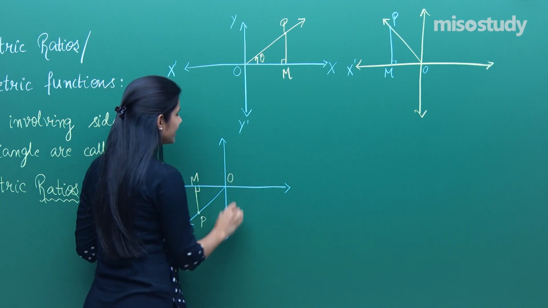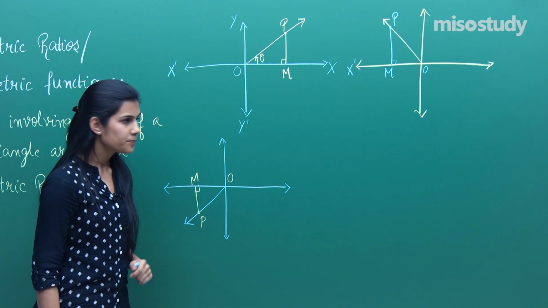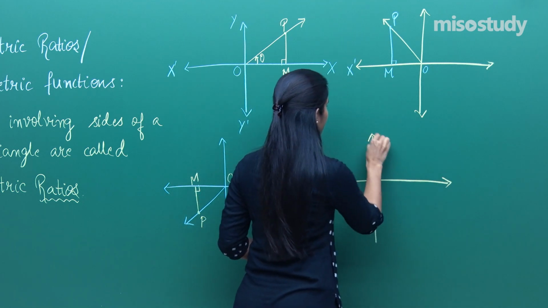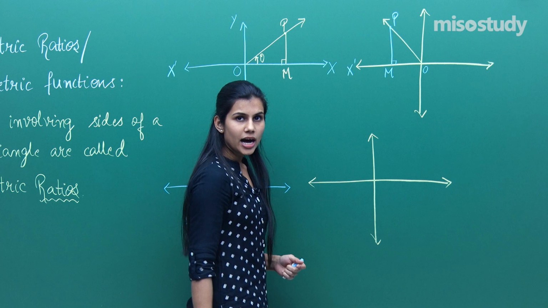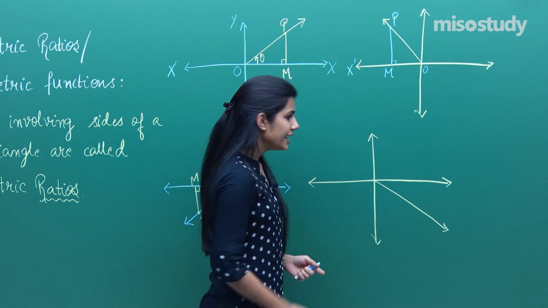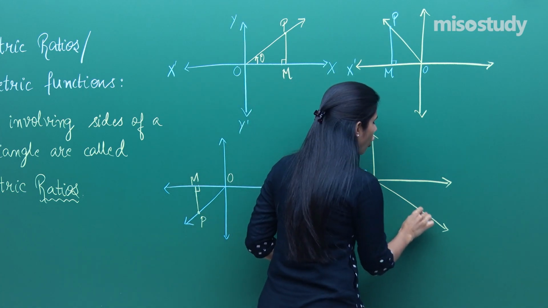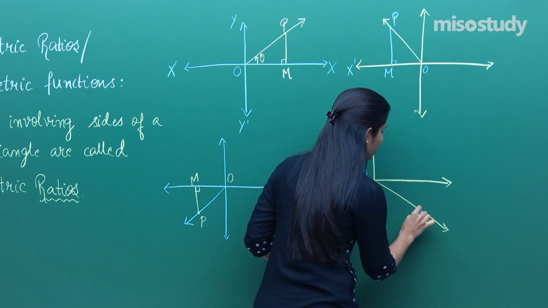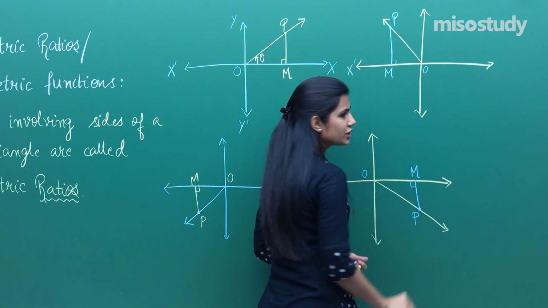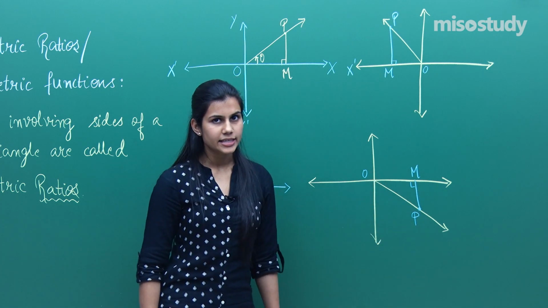This again results in a triangle OMP, which is the triangle of reference. The very last way is when the terminal ray lies in the fourth quadrant. In that case, again do the same thing: take a point P on the terminal side and drop a perpendicular on the x-axis. What you obtain is another triangle of reference, triangle OMP in this case.